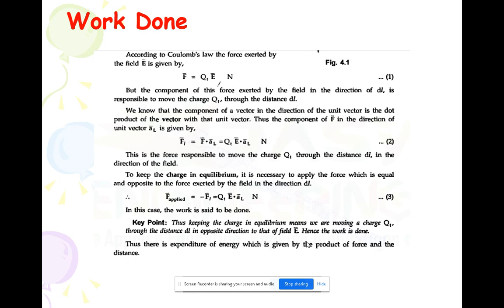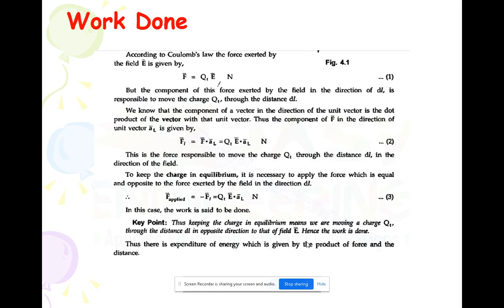First we will see what is work done. According to Coulomb's law, the force exerted by the electric field E vector is represented as F vector equal to Q times E vector. E vector stands for the electric field, Q is the charge, and the unit of force is Newton.